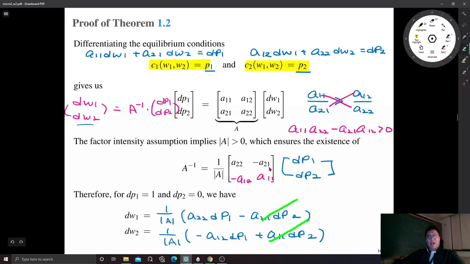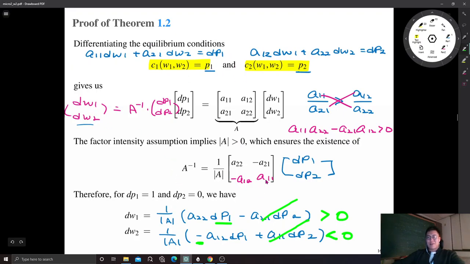Remember, all the A's are positive because they are demands for factors, and the determinant of A is positive. So dW1 will be positive, because we consider an increase in P1, so dP1 is positive. But dW2 will be negative due to this negative sign. So this is the proof of the Stolper-Samuelson theorem.